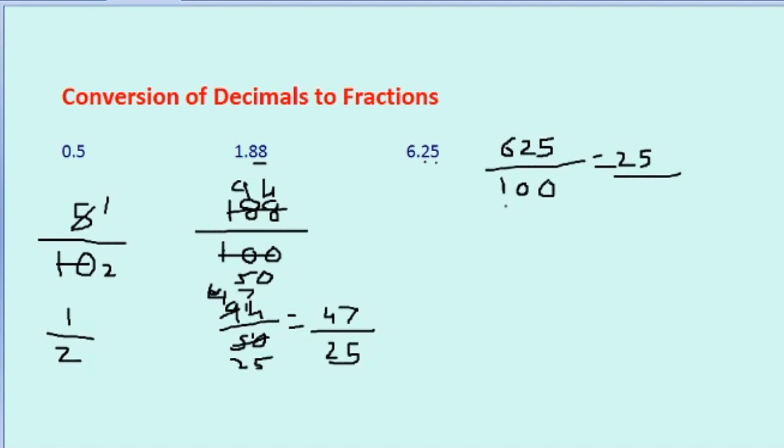Then 100 divided by 25 is 4. 25 4s are 100. So final answer will be 25 by 4. If you divide 25 by 4 and check, the answer will be 6.25. You can divide 625 by 100 and check, the answer will be 6.25. Okay. So this is how we convert decimals to fractions.